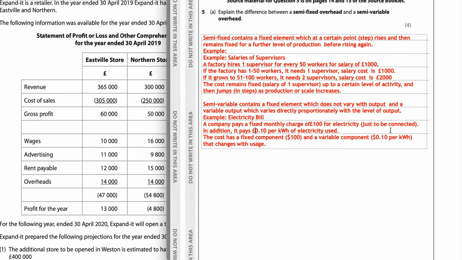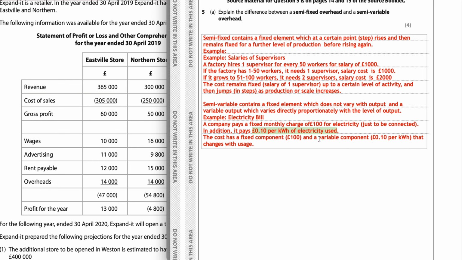Now let's assume that in addition, if you are using machines for production, then it is going to charge 0.10 per kilowatt hour of electricity used. If you use 1000 hours, you will have to multiply 0.10 into 1000.